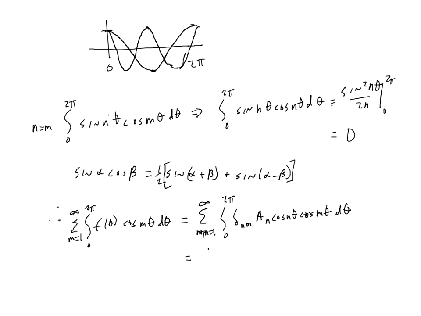So now we just have a sub n times pi, right, is equal to that. And so therefore, this implies that a sub n must be equal to 1 over pi times the sum from m equals 1 to infinity, or sum over n.